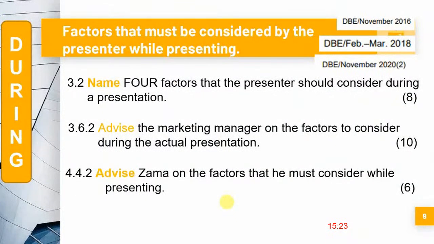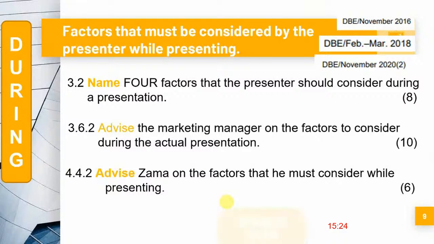Factors that must be considered by the presenter when presenting. Name 4 factors that the presenter should consider. Advise the marketing manager on the factors to consider during the presentation, advise Zama on the factors that he must consider while presenting. You hear it's the same concept coming up all the time.